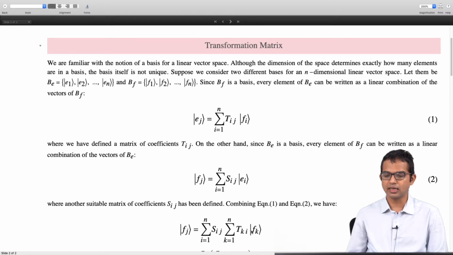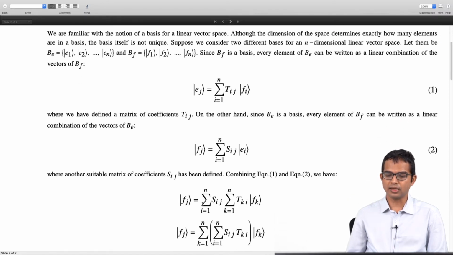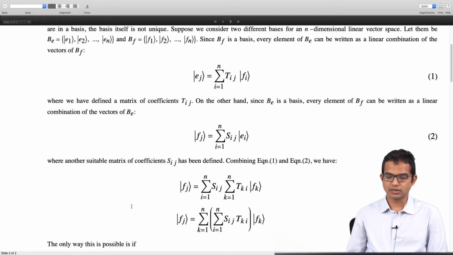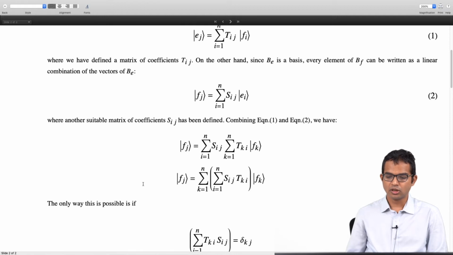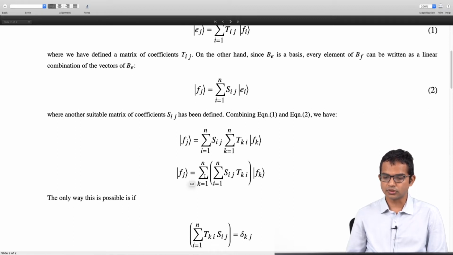Then I exchange these summations, so instead of summing i first, I'll put k first, and then I club these two: summation over i of Sij Tki, and then there's an Fk as well. It's more convenient to rearrange this and write it as summation over i of Tki Sij.